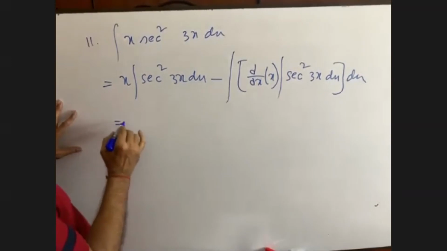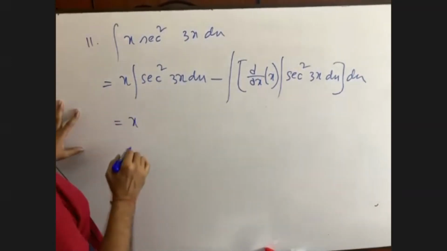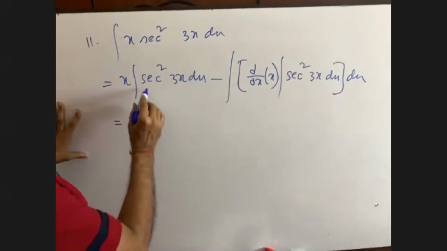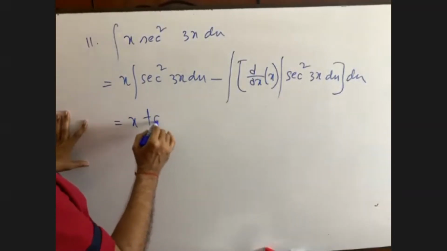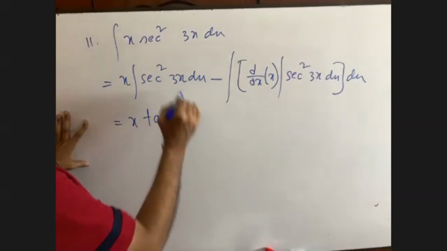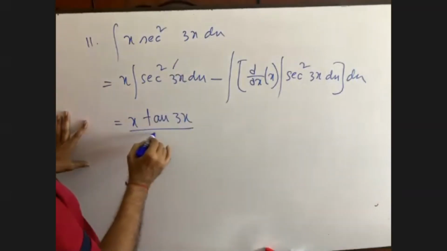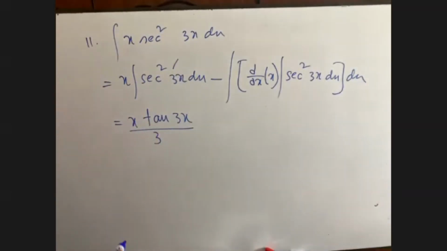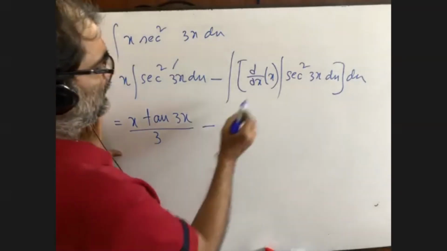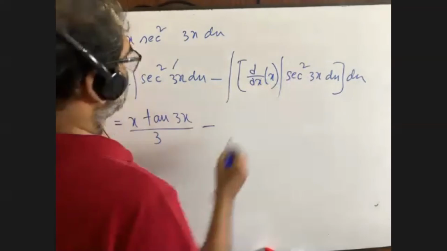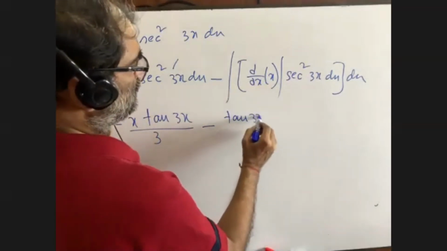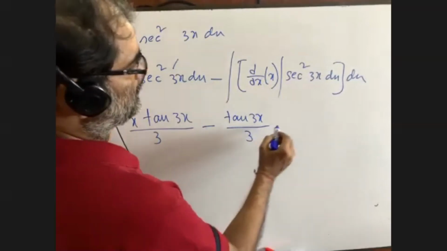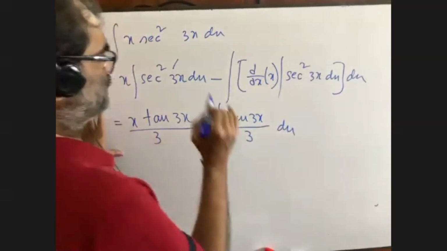Then it is x. What is the integration of sec square 3x? Talk to me, what is its formula? Tan 3x, but this 3 will be divided. Minus, it is 1, same thing, tan 3x divided by 3 dx.